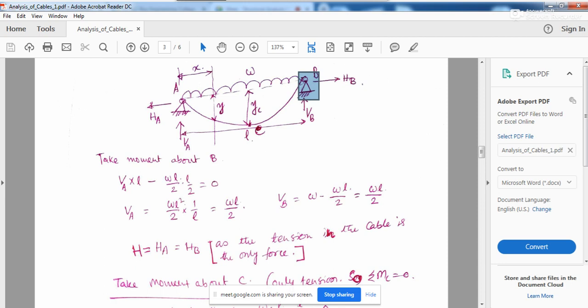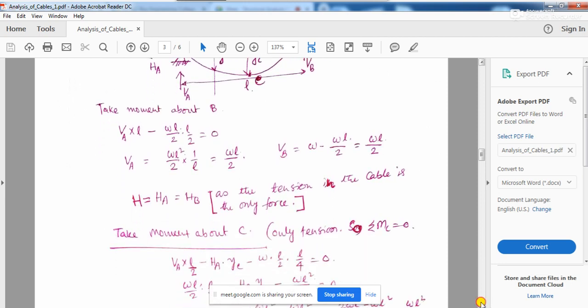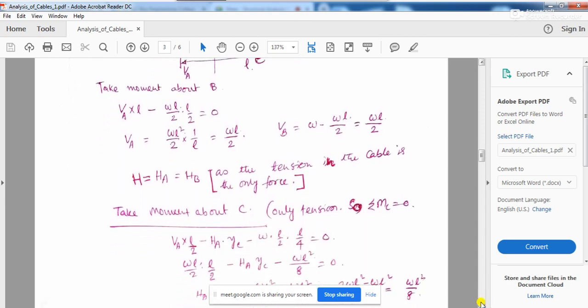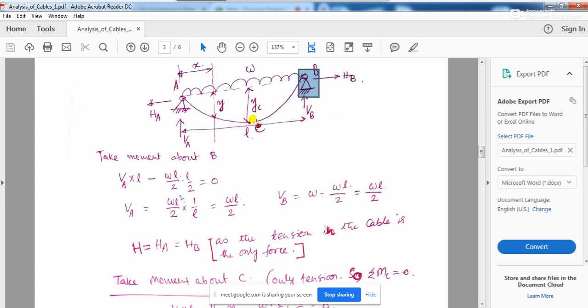Okay, so using this condition, let us say I take moment about the point C. At every point of this cable, if I take the moment, and as you have already understood, the cable structure is always under tension.